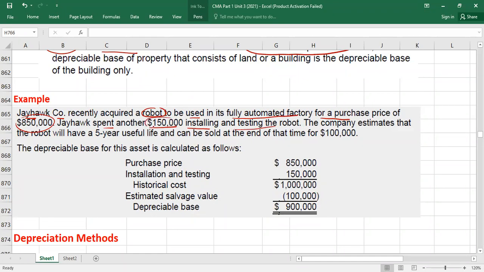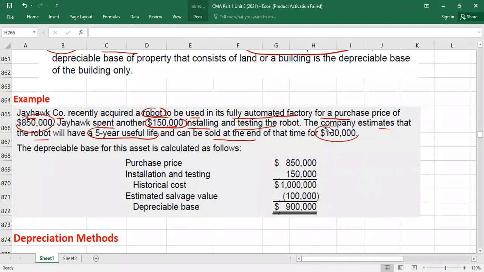Obviously, this $150,000 is also capital expenditure, must be capitalized. The company estimates that the robot will have a 5 years useful life and can be sold at the end of that time for $100,000. This is the residual value.